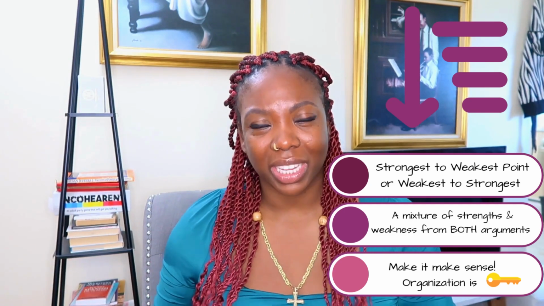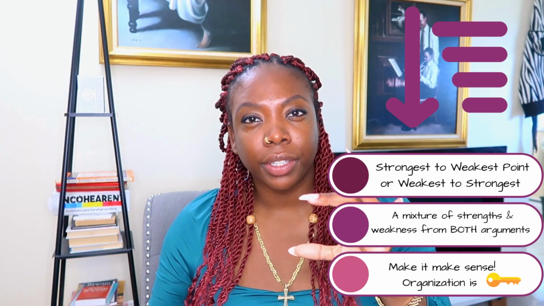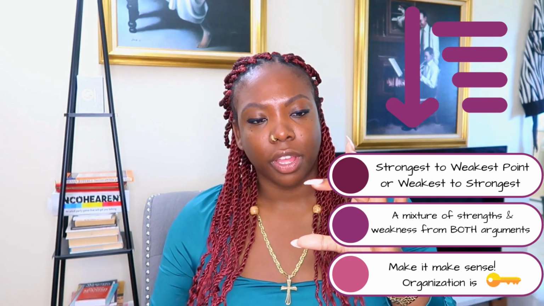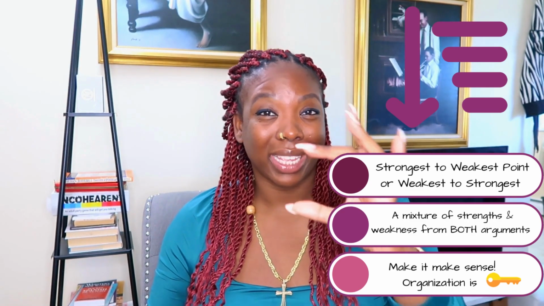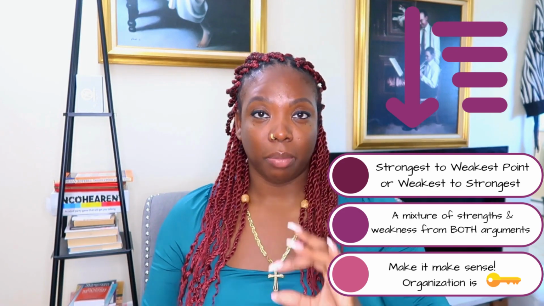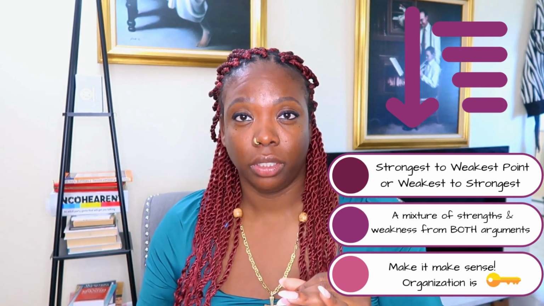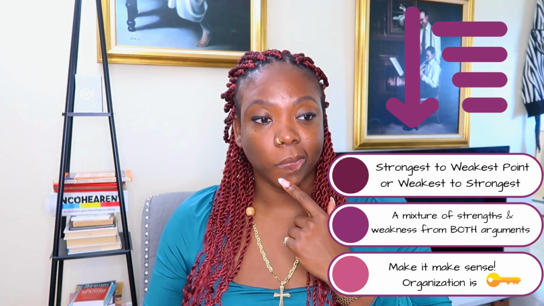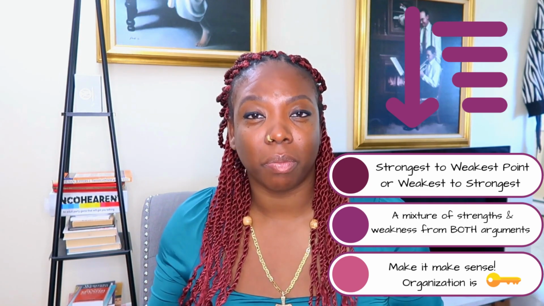You can chunk them together. You can make body paragraph 1 talk about a strength from essay 1. Body paragraph 2 can be a weakness of essay 2. And body paragraph 3 can just be a little comparison of the both.